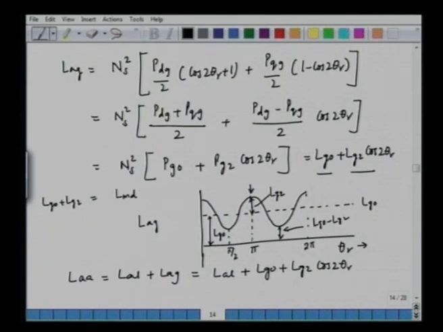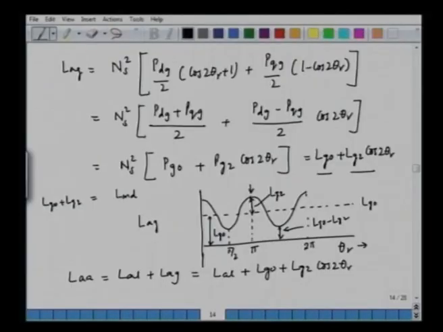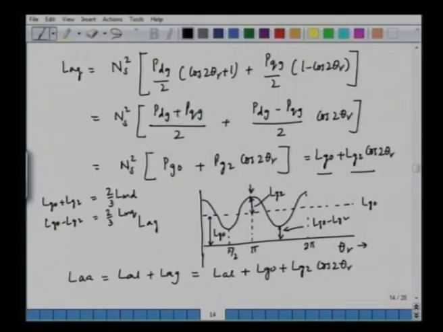We can call that LMD, and a little later we will show that LMD is equal to Lg0 plus Lg2 times a factor of 2 by 3. And similarly, Lg0 minus Lg2 is the q axis magnetizing inductance, equal to 2 by 3 times LMQ. LMQ is the magnetizing inductance in the q axis. So, when we are talking about the q axis inductance, we have to take Lg0 minus Lg2.